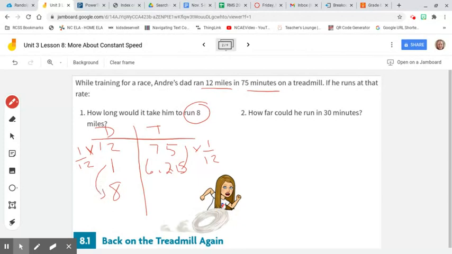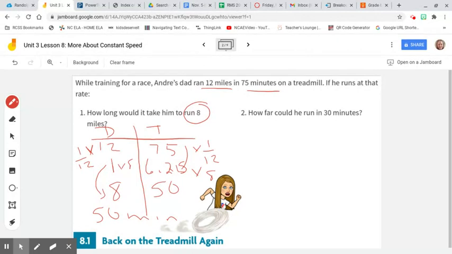We multiply 1 times 8, which means we have to multiply our 6.25 times 8. In our handy dandy calculator, 6.25 times 8 gives us 50. 50 what? It takes 50 minutes for Andre's dad to run 8 miles. So that's the answer for question number 1.